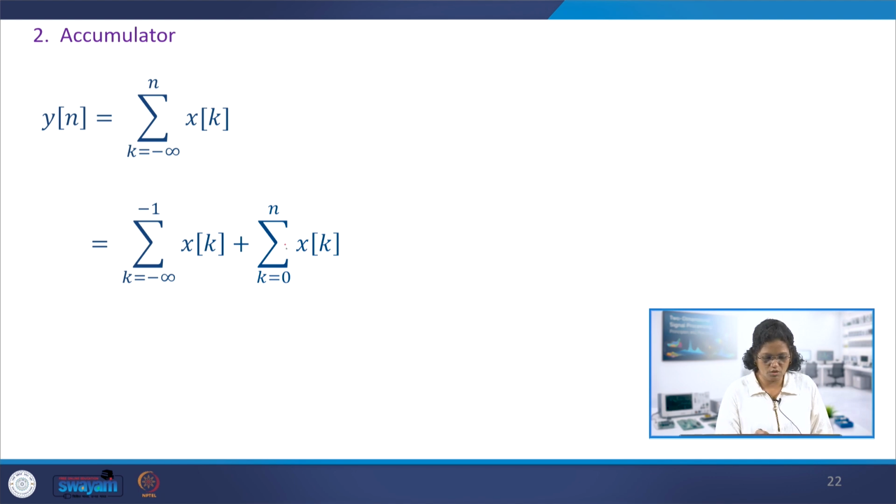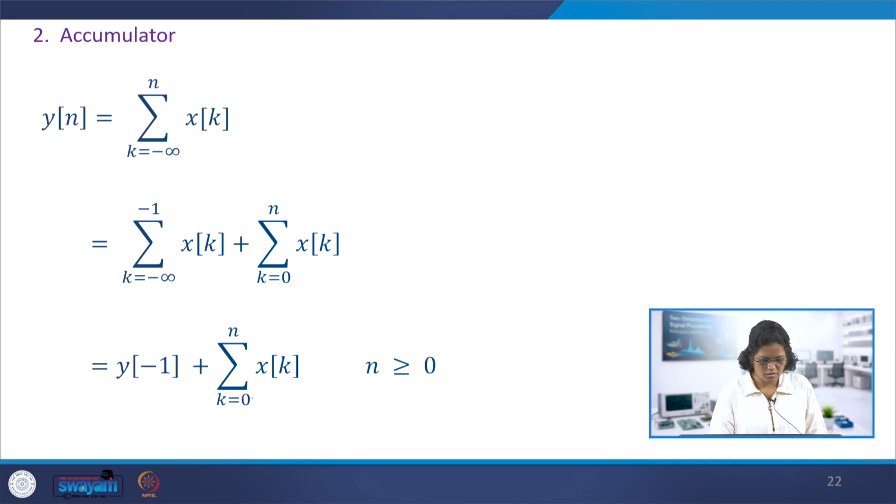From k equal to 0 to n we can represent it in the summation. So this is going to be y of minus 1 as an initial condition. So y of n has some value y of minus 1, and k equal to 0 to n is the summation. This would start adding the inputs from 0 to n, and the previous values are considered to be the initial value. So there are 2 ways to represent this accumulator, n greater than or equal to 0, this is valid here.